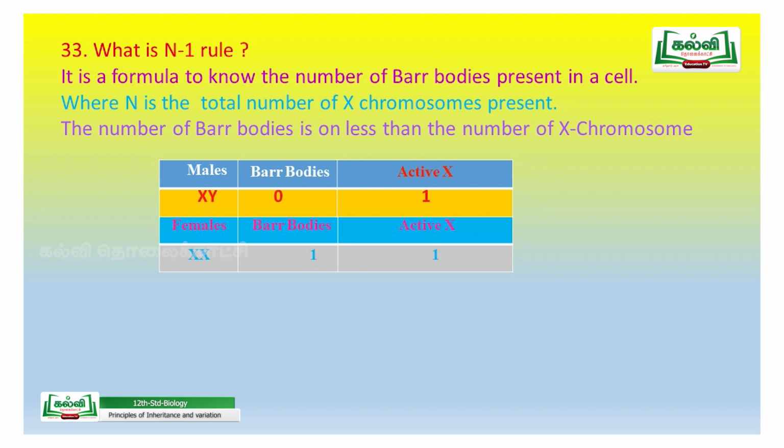In females, 2 X are there, so you will have 1 bar body and 1 active X. That is the N-1 rule.